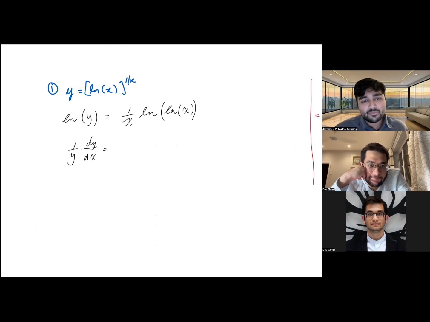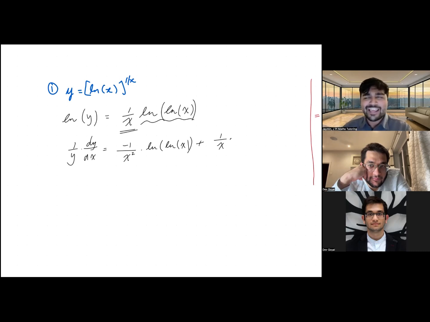Differentiate 1 over x first, which is minus 1 over x squared, multiplied by ln of ln x, and add to that, keep 1 over x the same and take the derivative of ln of ln x.